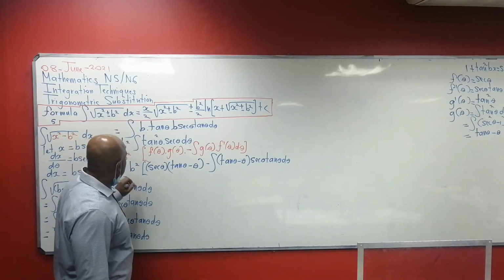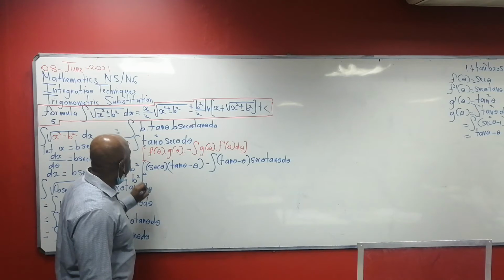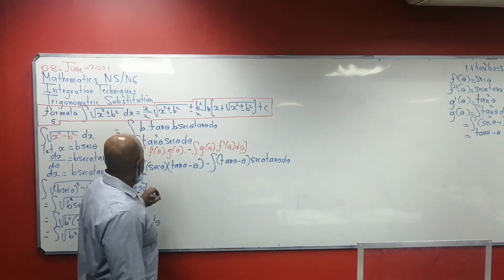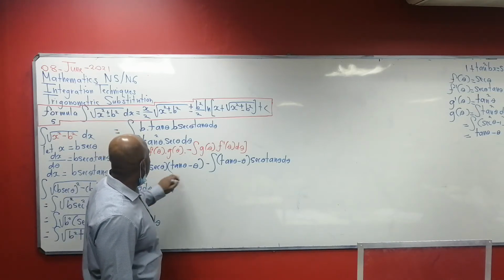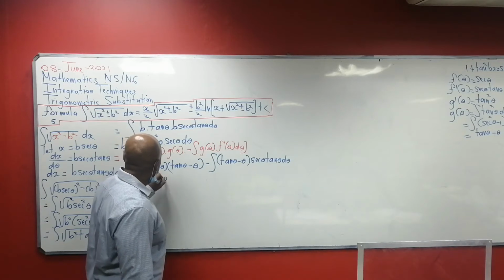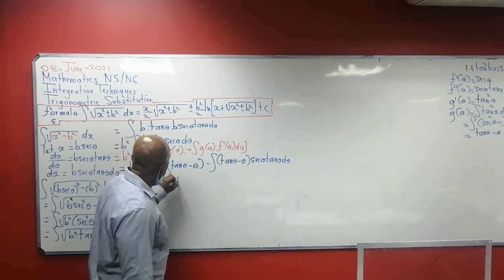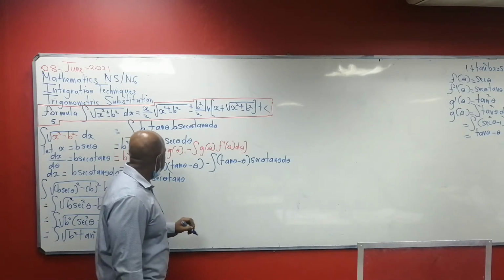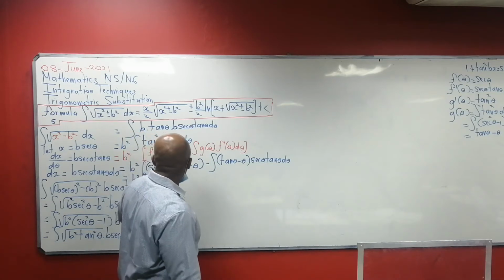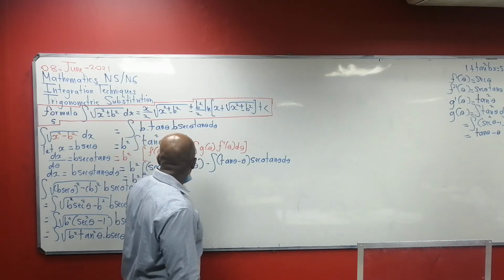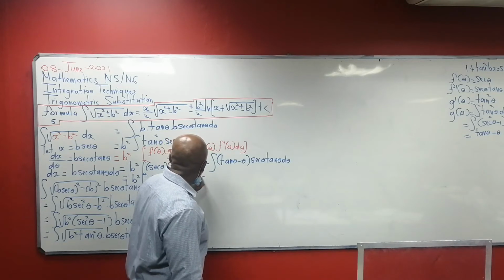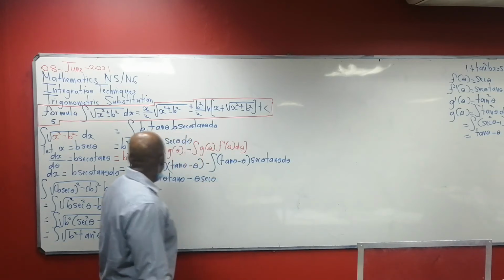Alright, so now what am I going to do? I'm going to try and simplify this here. So what do I have? Sec times tan, that will be sec theta tan theta, and then sec times minus theta will be minus theta times sec theta.